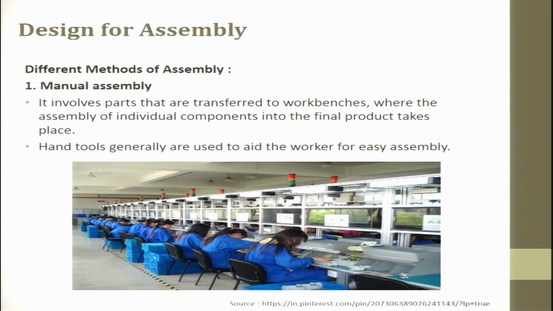So, different methods of assembly, these are called manual assembly. So, in manual assembly what happens, you can have a conveyor belt. This conveyor belt can be moving from station to station to station and people are involved in doing assembly.